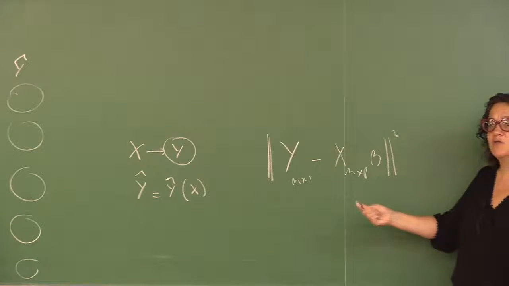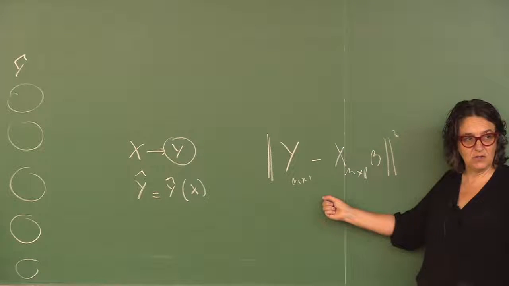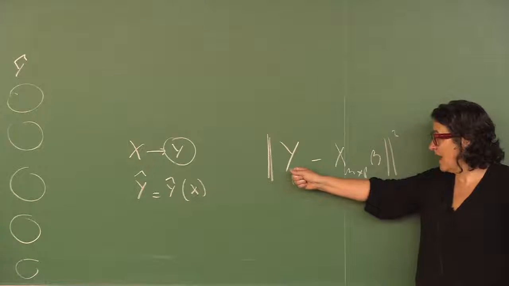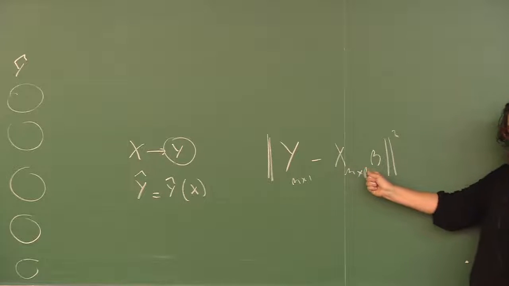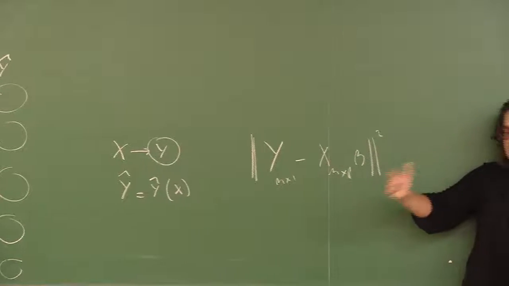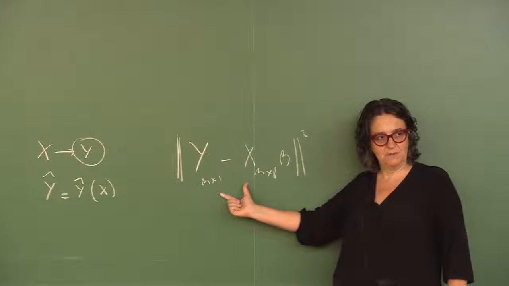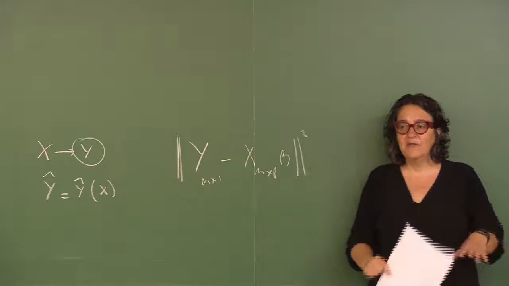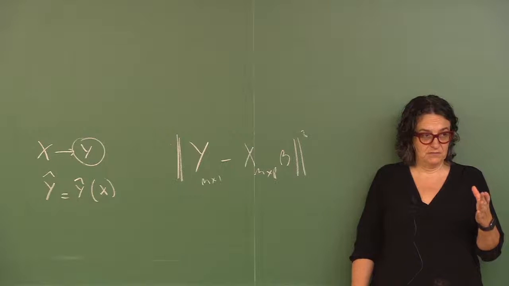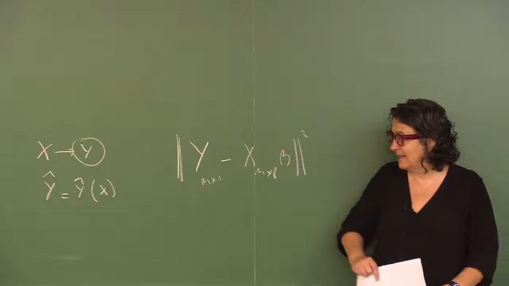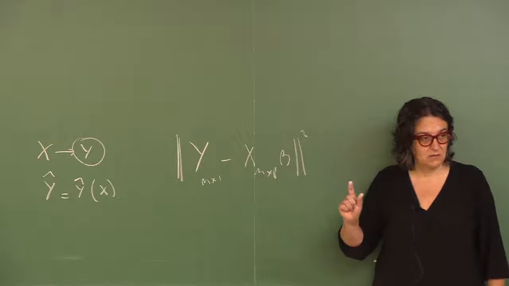I have a loss function. How much do I lose if instead of y, I put this x beta? I say I get a beta such that in my data, this is the closest possible. Therefore, I need a loss function. This is something that I need here, that I didn't give you.